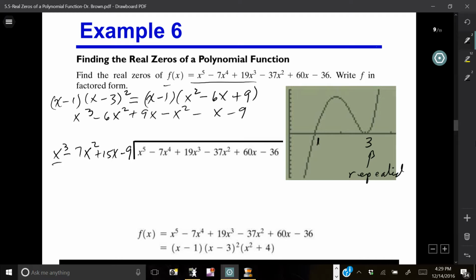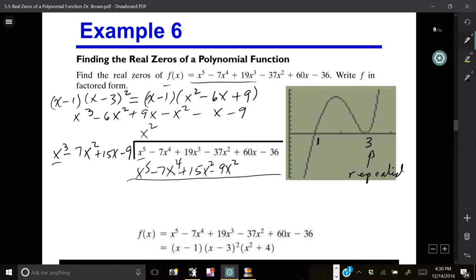X cubed goes into x to the 5th, x squared times. Multiplying, we get x to the 5th minus 7x to the 4th plus 15x squared minus 9x squared.